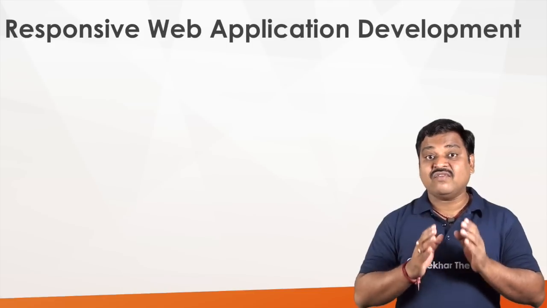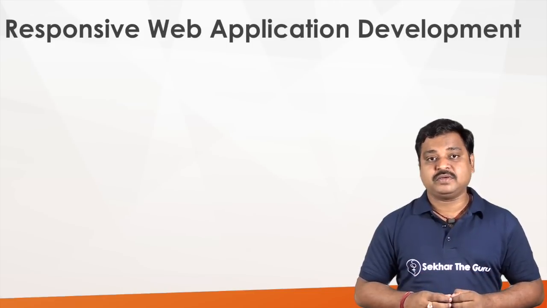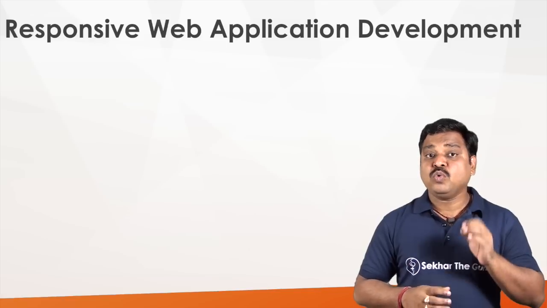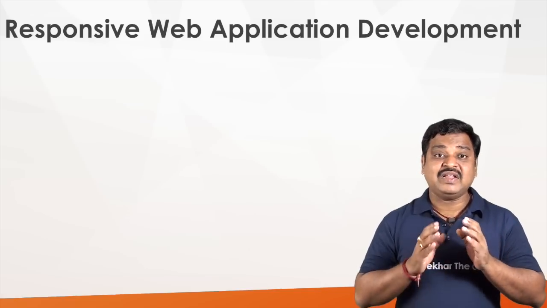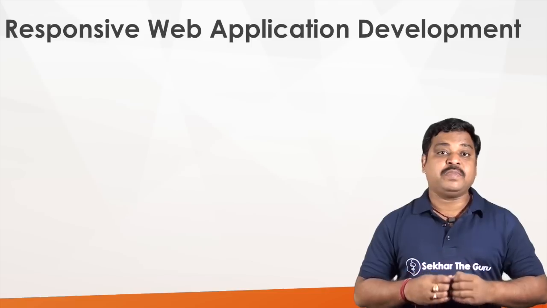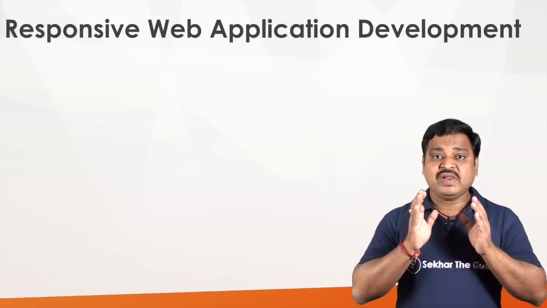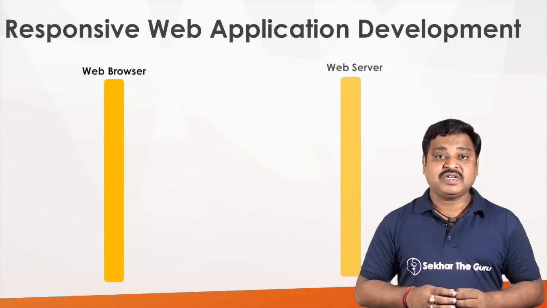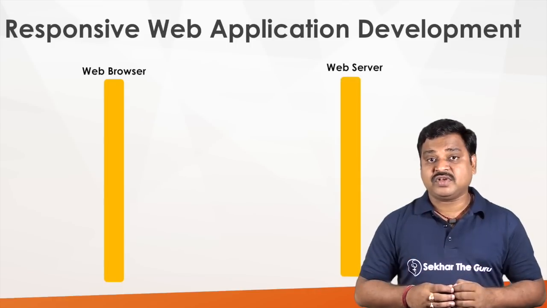And we have a new solution, that is responsive front-end web application development. Now let us first understand how responsive front-end web application development works. We will have a web browser as the client and the web server to serve the client request.